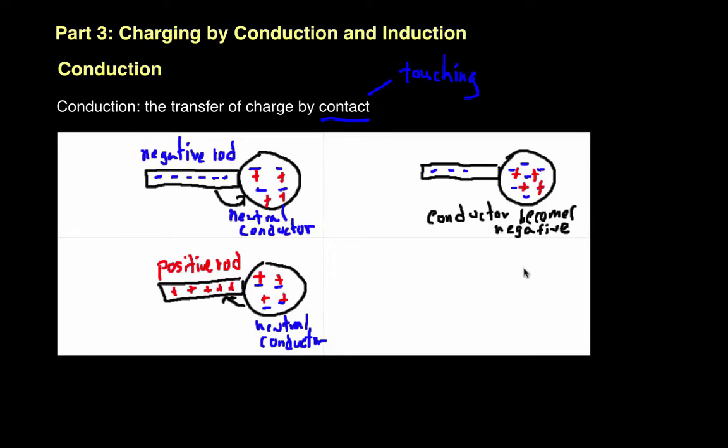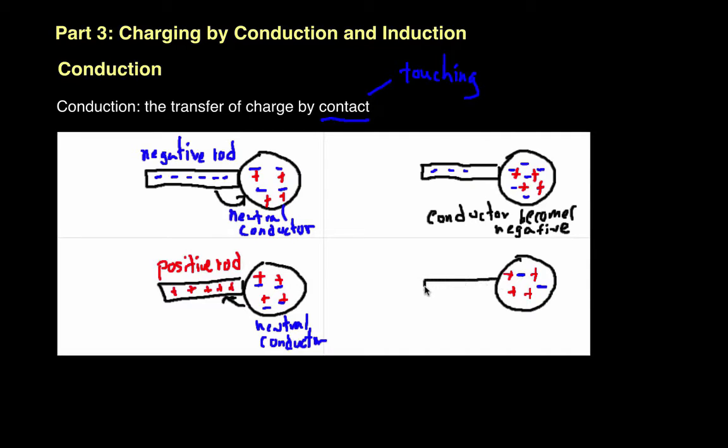As a result, the neutral conductor becomes positively charged because its positives remained, but it has fewer negatively charged particles in it than before.